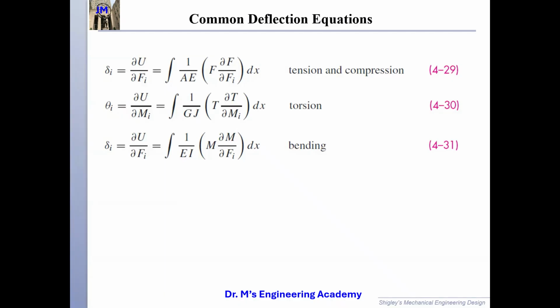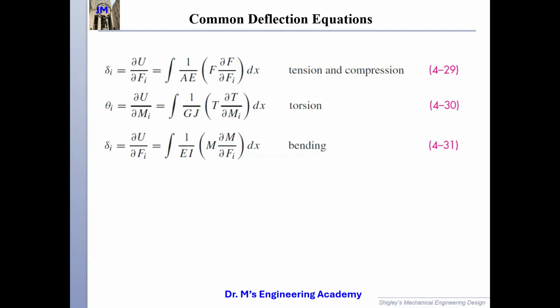It equals 1 over AE, where this is the central force, the axial force, and dFi. And then the torsion.